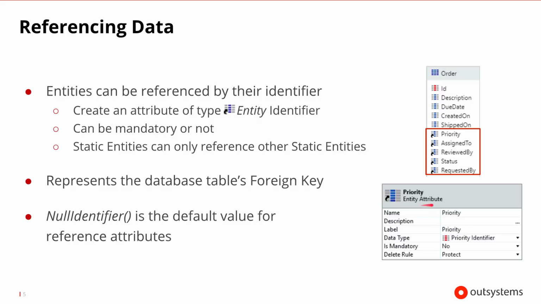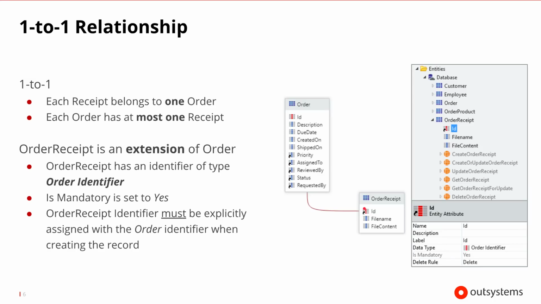So priority's attribute and its identifier will tell us what the priority is. So when we want to know what the order's priority is, we can go ahead and reference that and figure it out. So once we have these reference identifiers, we can then begin creating the types of relationships that we want.